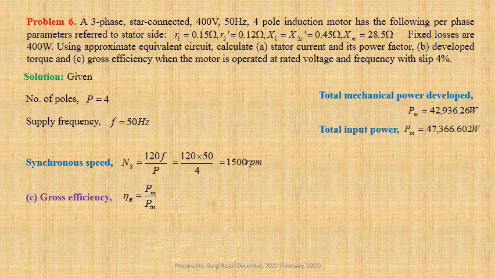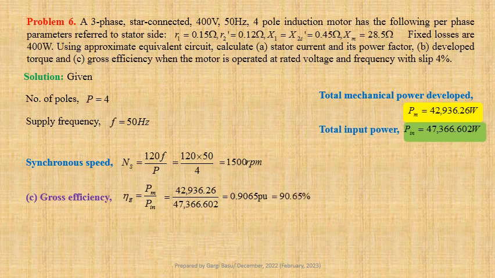Therefore, eta G equals 42,936.26 divided by 47,366.602. That gives us 0.9065 per unit or 90.65%.